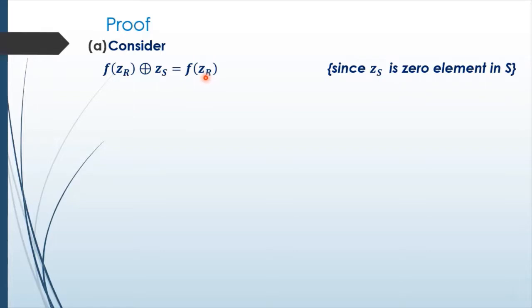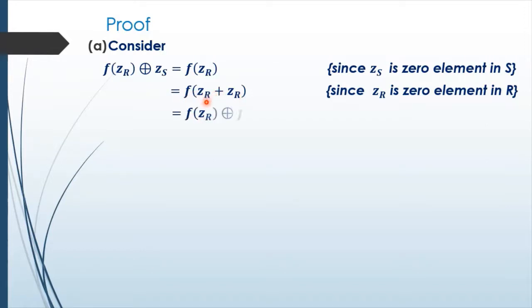We do not know about f of Zr, so we can write f of Zr plus Zs is equal to f of Zr. In R, Zr is the zero element, so this Zr can be replaced as Zr plus Zr. Now as f is a homomorphism, this can be rewritten as f of Zr plus f of Zr.